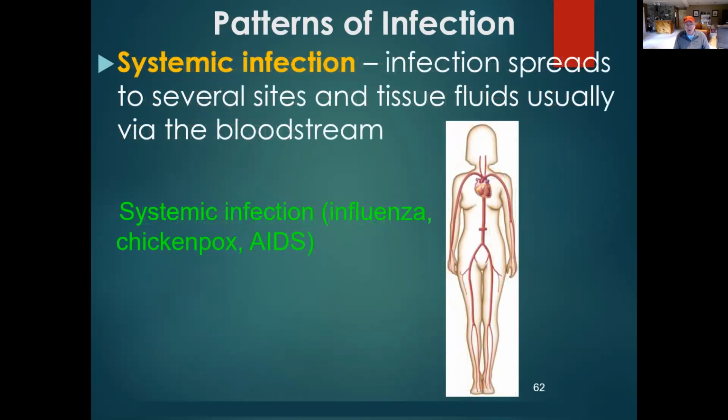As opposed to systemic infections, meaning that this is spreading throughout the entire body via the bloodstream or perhaps even the cerebrospinal fluid, right? Often it's bloodstream. And so this means that pathogen can get all over the place. Systemic.